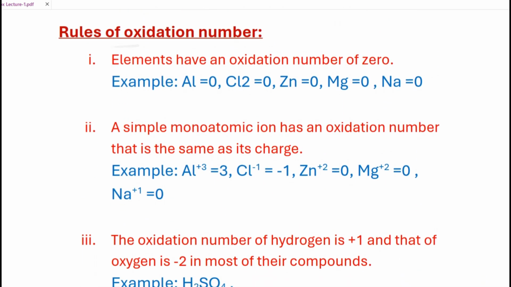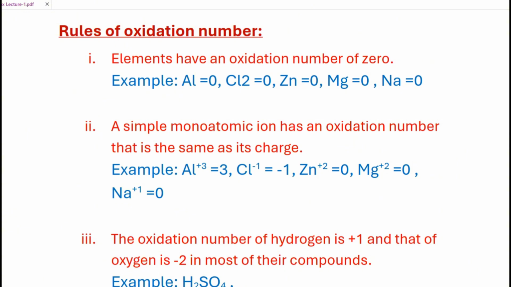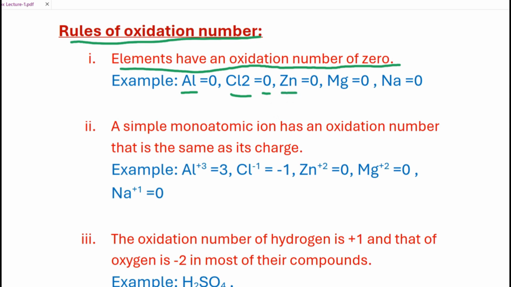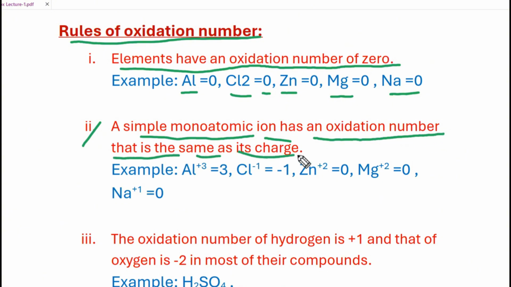So rules of oxidation number: elements have an oxidation number of 0. Aluminium is an element 0, chlorine 0, zinc 0, magnesium 0, sodium 0. Rule 2, a simple monoatomic ion, means single atom, has an oxidation number that is the same as its power.